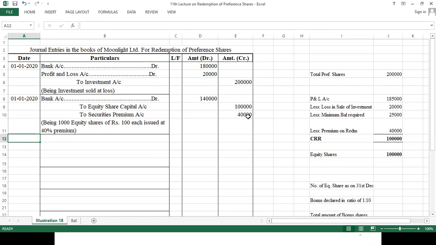Now the next entry will be, as you people are aware, transfer of claim.